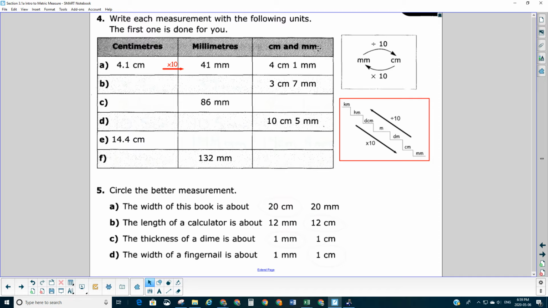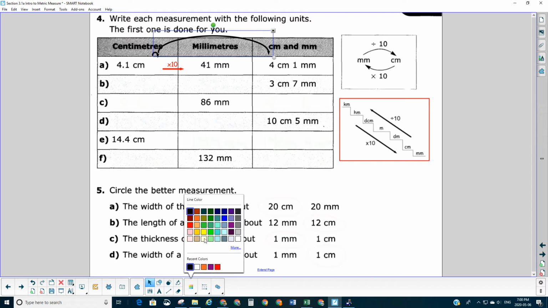Here it says how many centimeters in millimeters. Well, you can really see that right from this. So I'm going to suggest that you go from here and do this part right away. Okay, so I'm going to highlight that so you can see it in red.